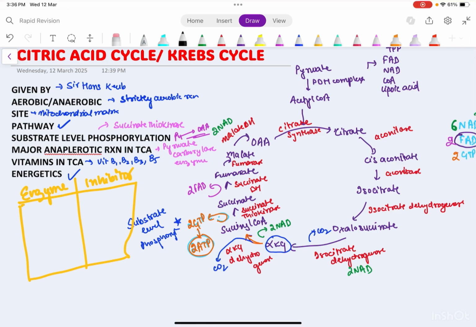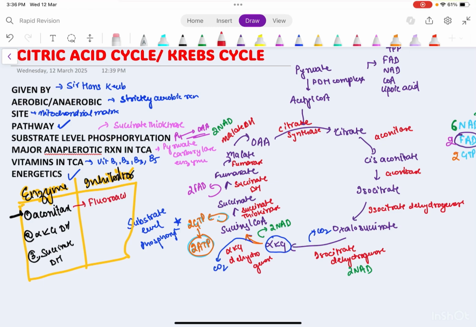First we'll talk about aconitase, second alpha ketoglutarate dehydrogenase, and then third is succinate dehydrogenase. So aconitase is inhibited by fluoroacetate, alpha ketoglutarate dehydrogenase through arsenite, and succinate dehydrogenase through malonate.